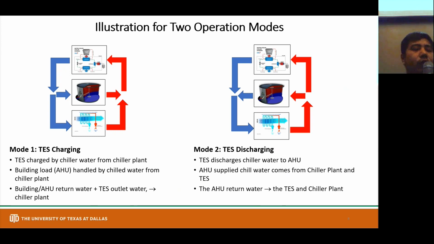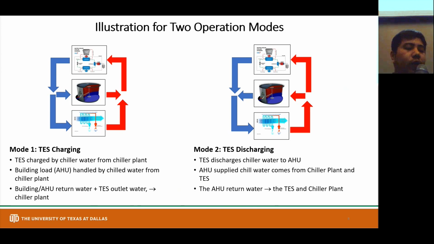So the integrated system has two operation modes. Mode one is the TS charging mode. The TS is charged by chilled water from the chiller plant, and the building load is handled by chilled water from the chiller plant.